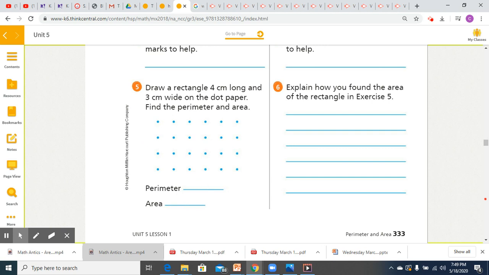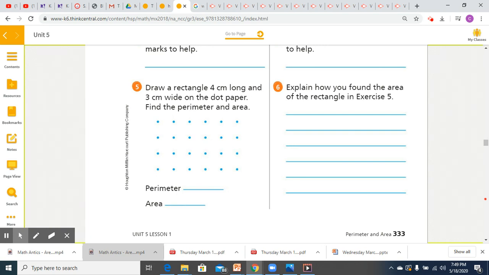And then to find the area, you're going to multiply one side, the length, and the other side, which is the width. And when you multiply them together, you find the area. And remember that the area is going to become a unit square. Okay, so if these are centimeters, remember that's gonna be square centimeters at the end.